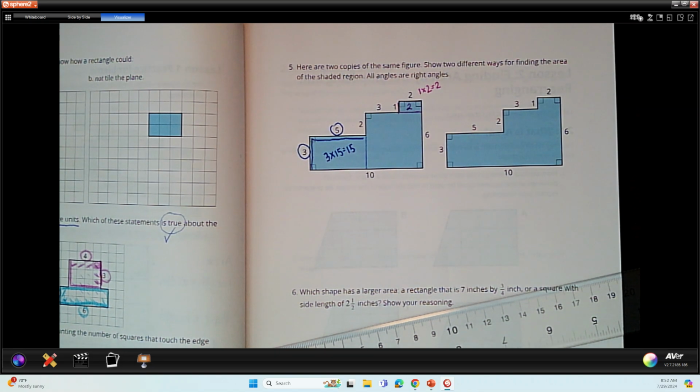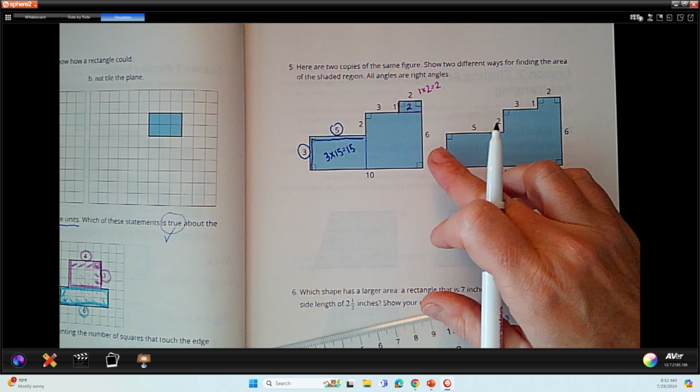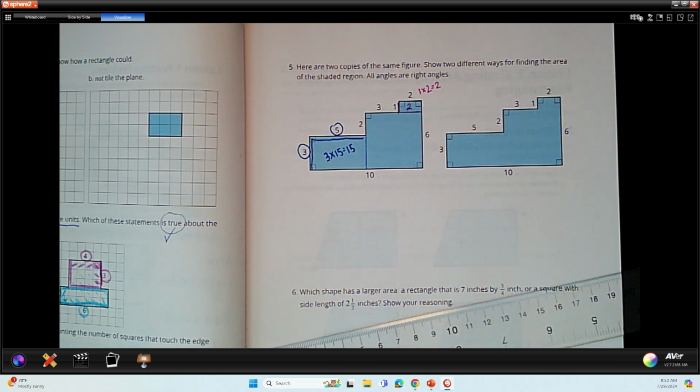Now I'm kind of running into some problems here because what I've done is I've created this space that I have no idea what it is. Is it 2? Is it 6? Is it 3? I don't quite know. So this is where this one gets tricky because inside the shape, I'm going to use a yellow.